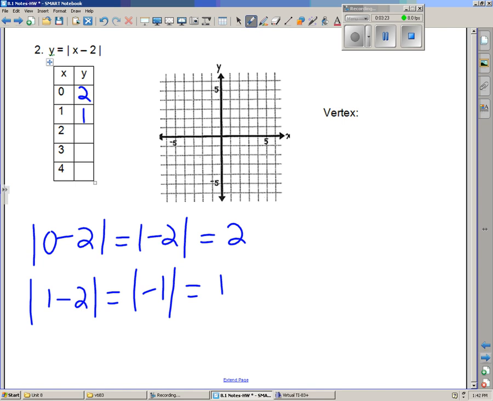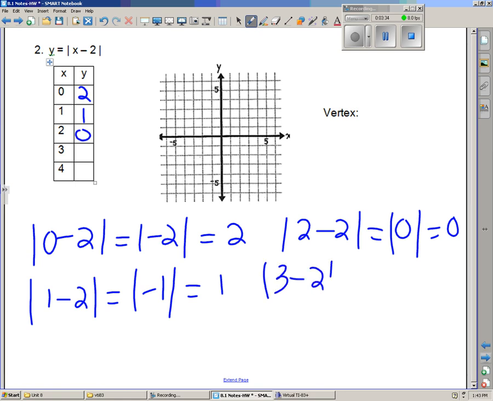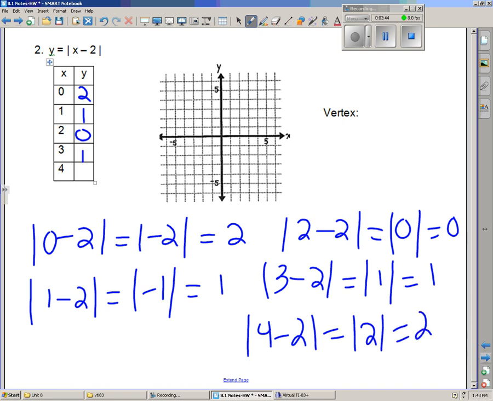If I now put in 2 for x, the absolute value of 2 minus 2 is 0. If I put in a 3 for my x, what's in the absolute value is 1, and what comes out is still 1. And if we put in a 4, what stays in the absolute value is a 2, and what comes out is a 2.